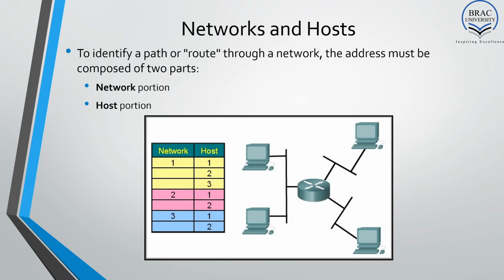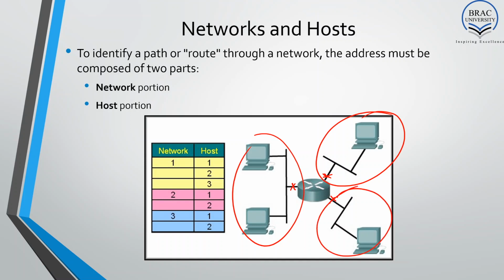Each interface of a router, this interface and this interface, are all on different networks. Routers break up network domains. Each interface of a router is a separate network. So this router has 3 networks: this whole big one, this one, and this one, right?